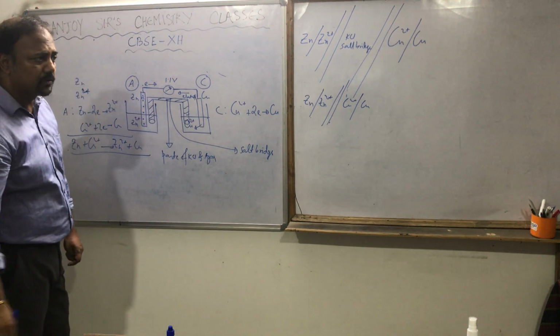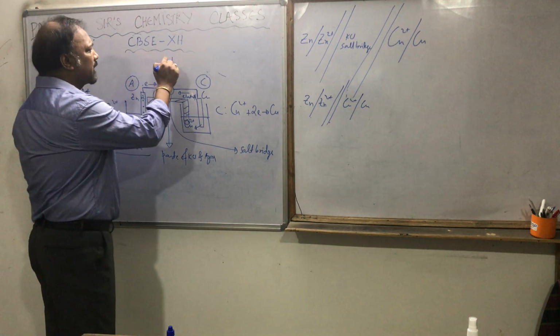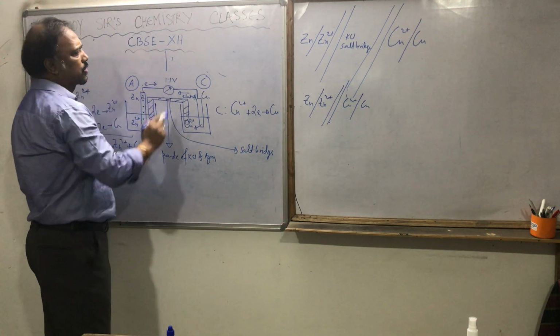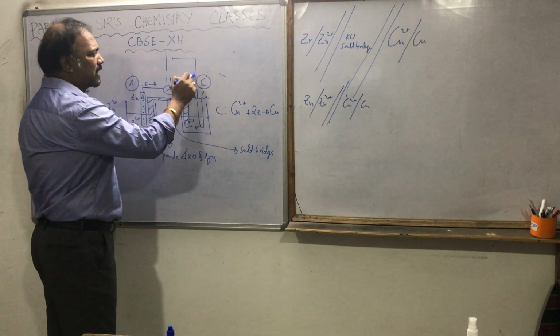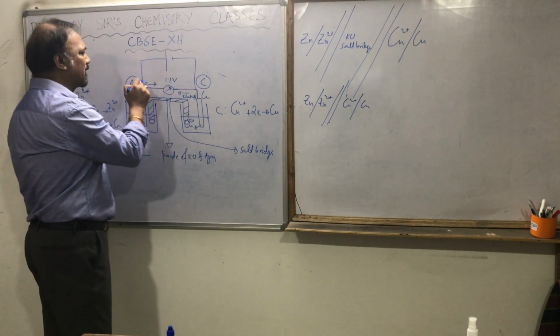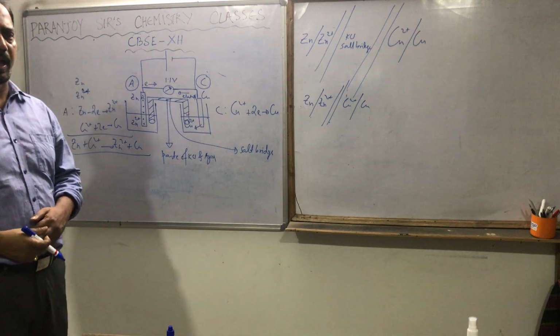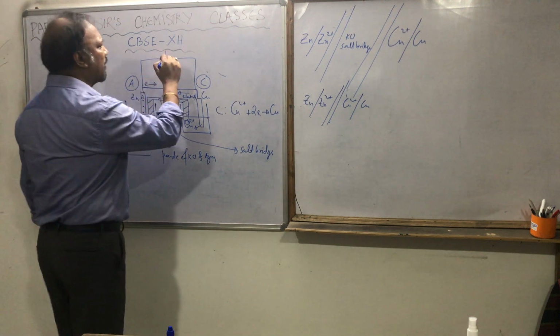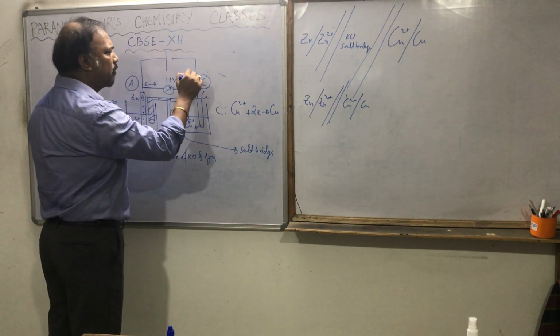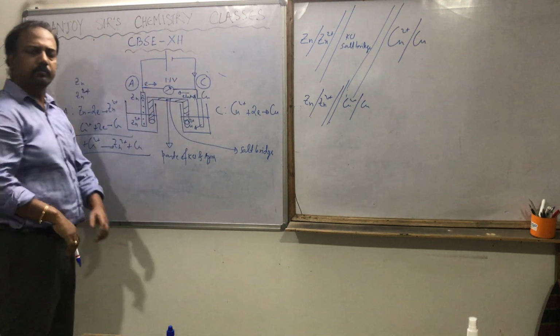Now what I did is add an external source, with the negative end in this direction and the positive end in this direction. An external battery I applied over here. This means I am making the electrons flow in the opposite direction.